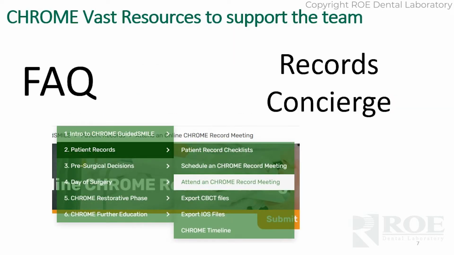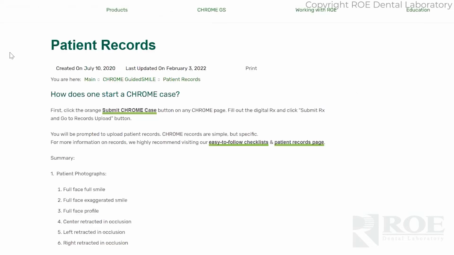So our laboratory, our team here, has put together some incredible resources for the dental team. I'm going to share how to get to these resources, all about records. Just as one, here is our FAQ.